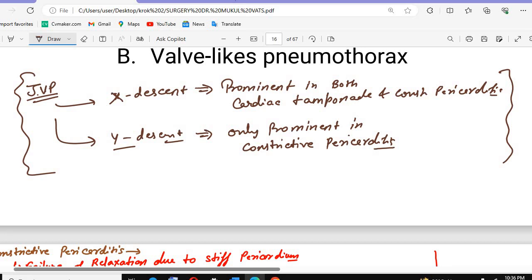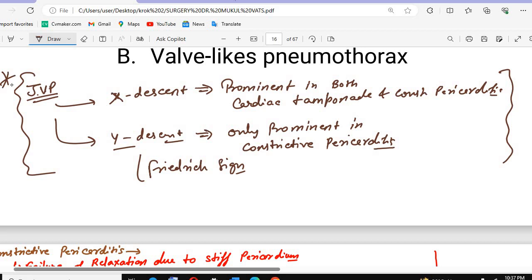If the X descent is prominent, it can be cardiac tamponade also, it can be constrictive pericarditis. But if the Y descent is prominent, then constrictive pericarditis will be the answer. Okay, and we call this sign the Friedrich sign. If you want to remember these questions, then remember. If you want to forget it, it depends only on you.